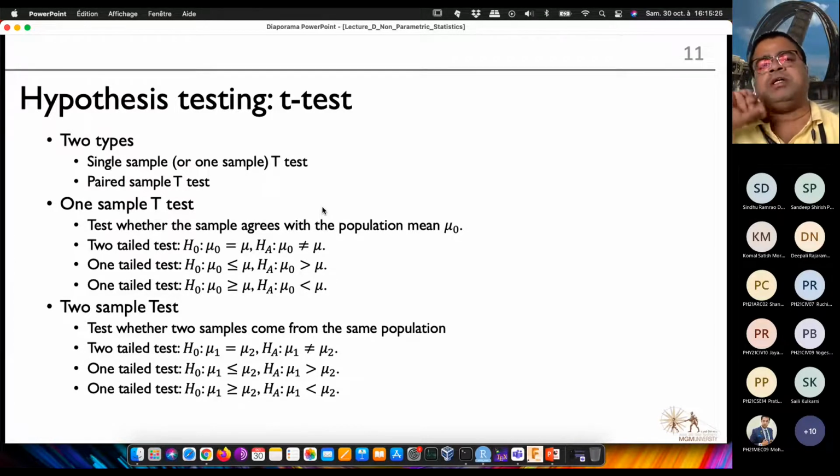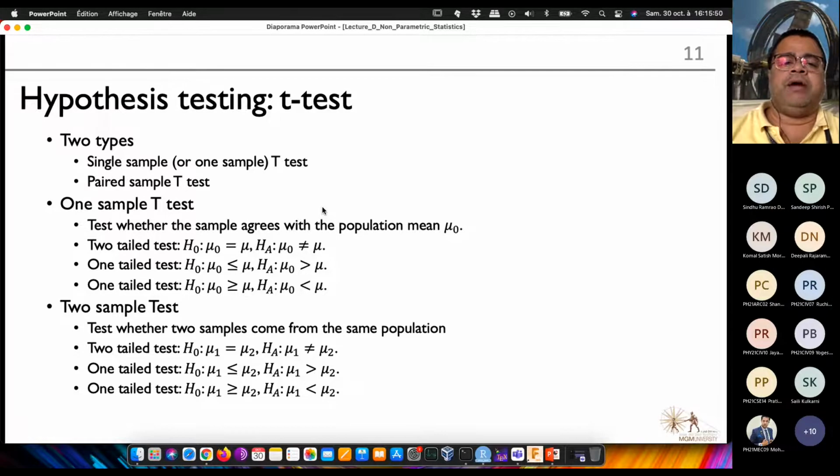This is a statement about a population. Now, from this population, the Indian population, I randomly pick some people and call this set of people the sample. So a sample is a subset of a very big population.